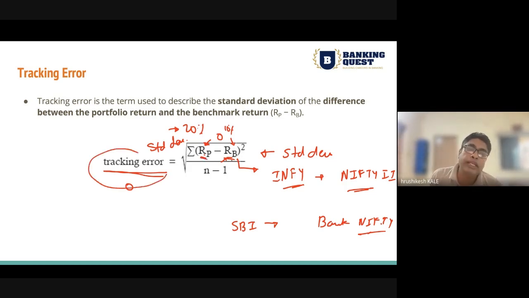That's what tracking error finds out. And N is the number of securities, or the number of times we have calculated it. So that's tracking error. Tracking error close to zero is good. Tracking error away from zero tells you that your portfolio returns are away from the benchmark.